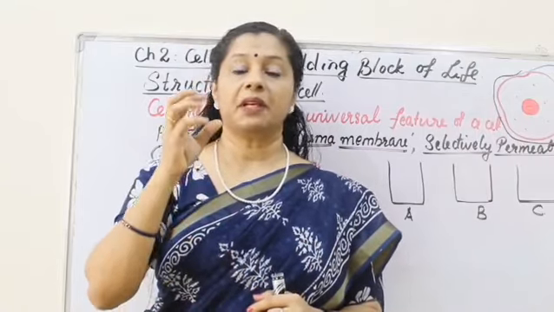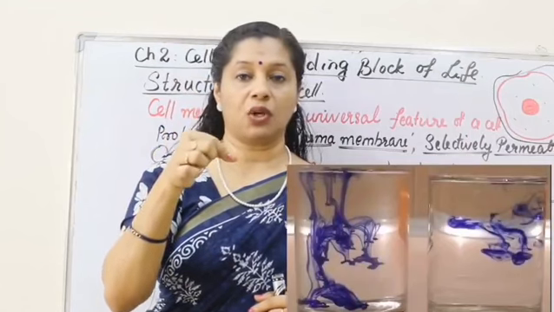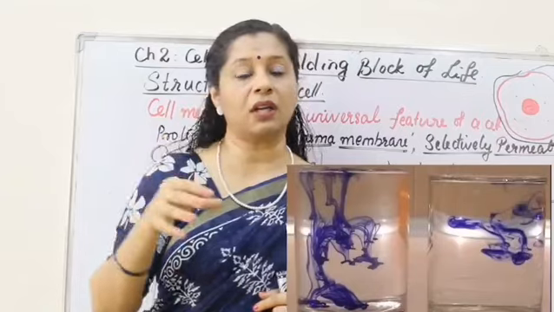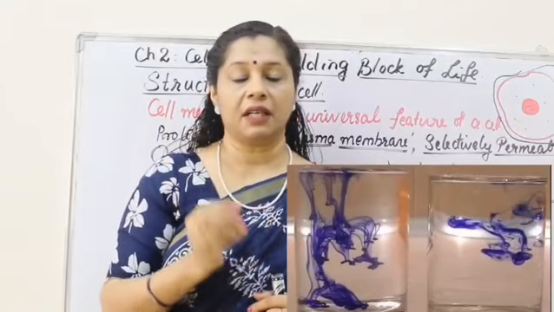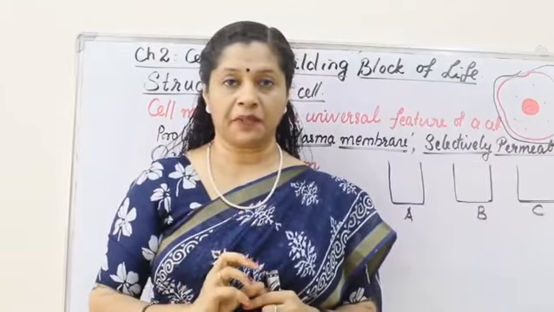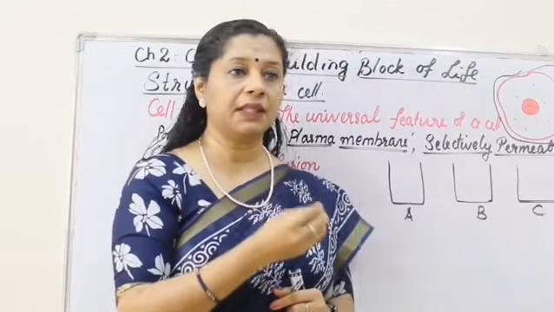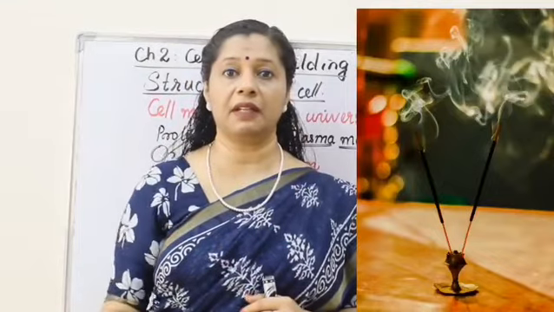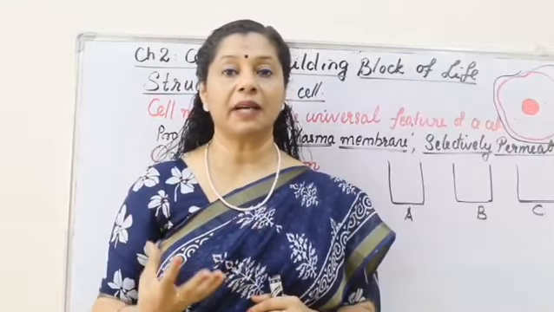Think about some ink I am dropping into a beaker of water. Even if you don't stir, slowly it will spread throughout the water. After some time it becomes even. That is also a kind of diffusion. Or imagine I am putting an agarbatti in one corner of the room. The smoke and the fragrance will fill the entire room. That is also by diffusion.